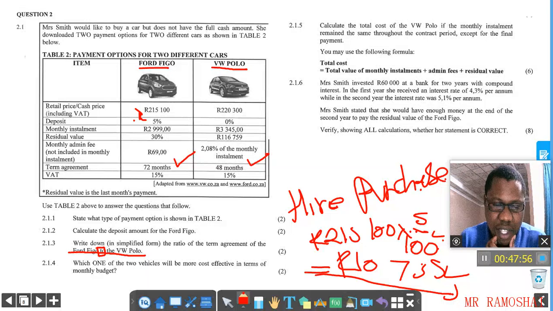Okay, I didn't read that one correctly. Yes, the way I have explained. So look at this. You are going to take too much time to pay your Fortfigo than VW. Yes, when you look at the price, this price is small, but you are going to pay it for a long time. Therefore now this Fortfigo is going to be more cost effective.